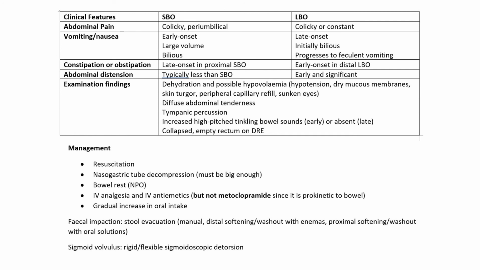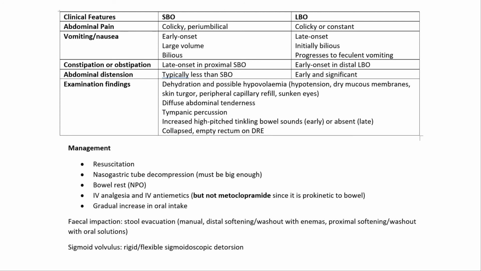Bilious early on with a big vomit, whereas large bowel, obviously you've got extra space, so you don't have such a big vomit, but eventually you will get feculent vomiting where feces travels up into the stomach and gets vomited out. You get the very early constipation when the large bowel is blocked. When the small bowel is blocked, things can still move that were already in the large bowel.